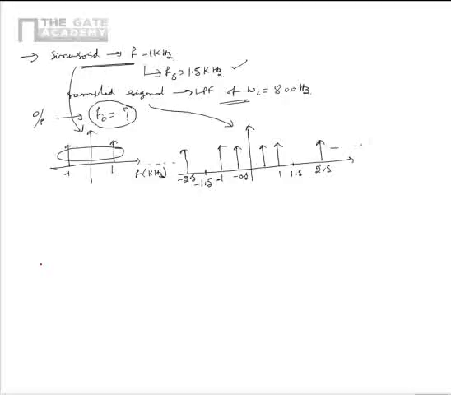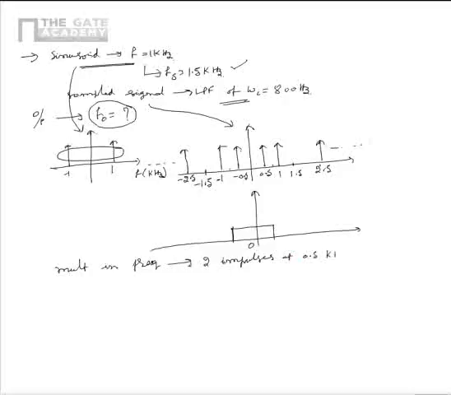Now, the sampled signal is passed through a low pass filter of cutoff frequency 0.8 kHz. So, the frequency spectrum of the low pass filter, which is centered at 0, is as shown. Now, because filtering in time domain is equal to multiplication in frequency domain, we see that the frequency representation will have two impulses at 0.5 kilohertz.